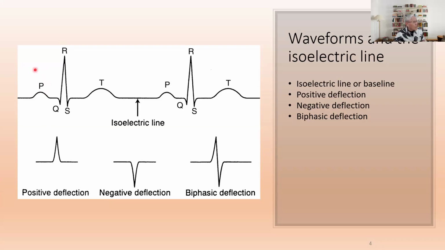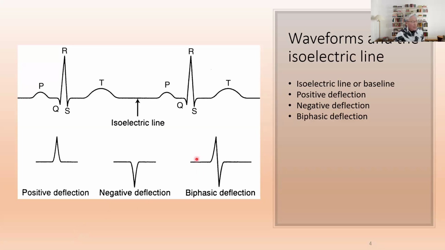Now, as you could see, the P wave always precedes the QRS complex, and the QRS complex is always followed by the T wave. Now, there are some times wherein waveforms are going up, meaning to say they're originating from the baseline and then going up. This is what we call a positive deflected waveform. Or it could be going down. And this is what is called a negative deflected waveform.